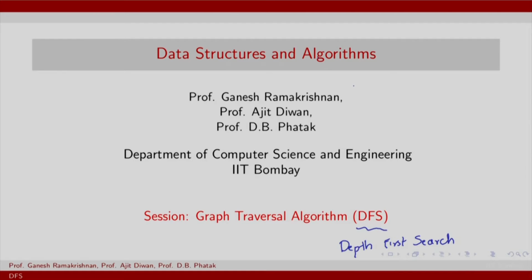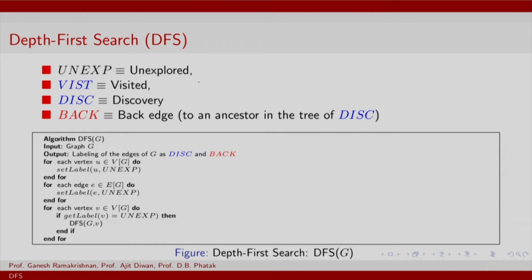Contrasting depth first search with breadth first search, the main difference is that a node and the subtree corresponding to that node is completely explored before other siblings of the node are explored. So like before, we will adopt a legend for nodes, different labels that will be assigned to nodes.